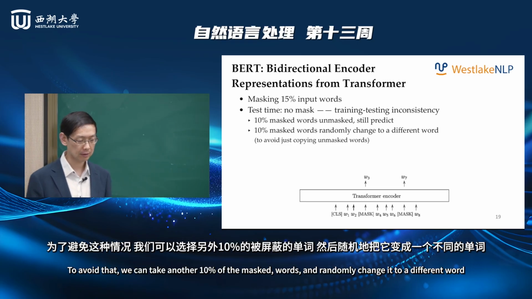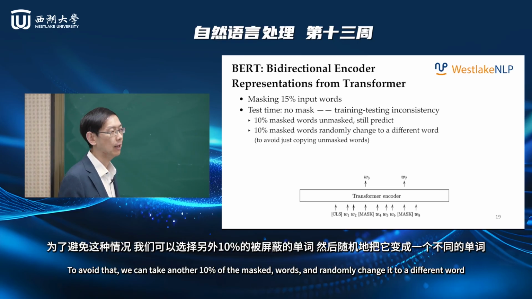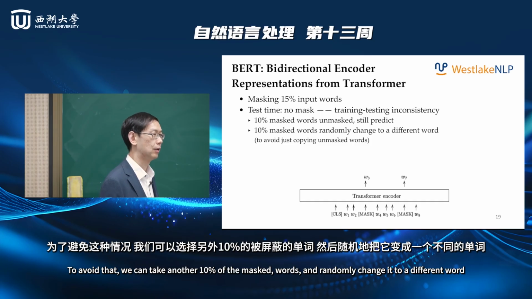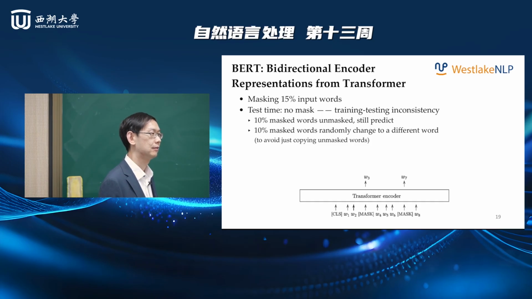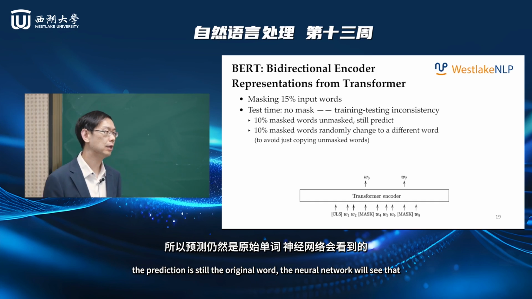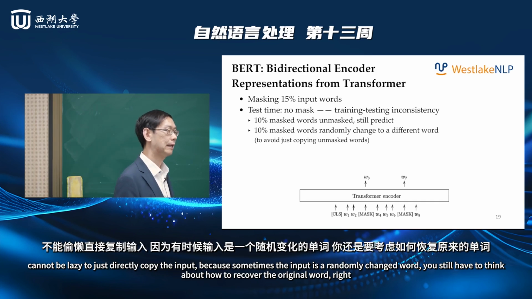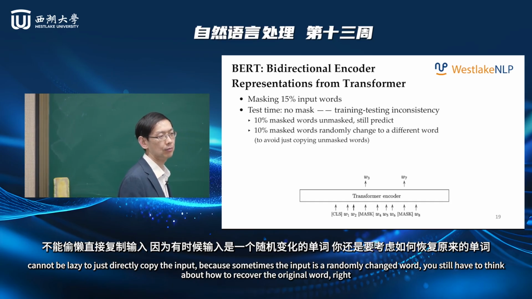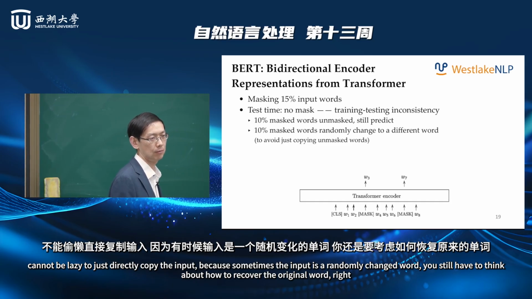To avoid that, we can take another 10% of the masked words, okay, and randomly change it to a different word. Okay, so the prediction is still the original word. So the neural network will see that, okay, I cannot be lazy and just directly copy the input, because sometimes the input is a randomly changed word.